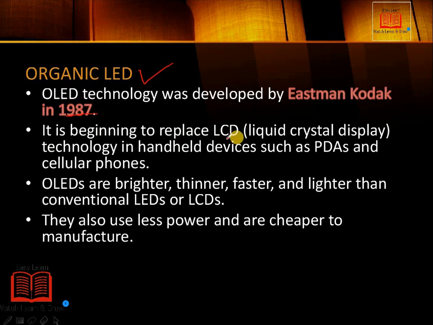It was the beginning to replace the liquid crystal display, LCD, technology in handheld devices such as PDAs and cellular smartphones. For example, you know that when smartphones first came, they were much thicker in size as their batteries, casings, and LCDs also occupied more space, but nowadays their functions have increased while their size is reduced and they are very slim.